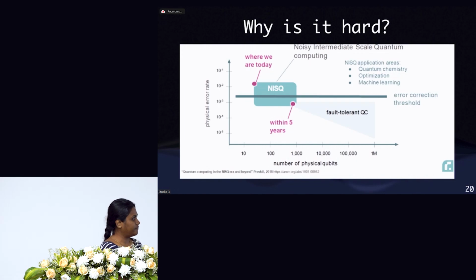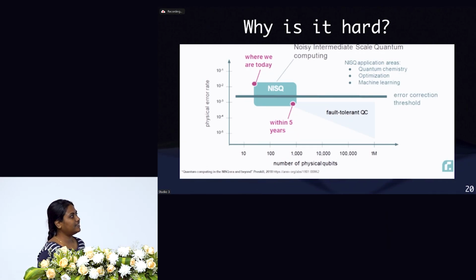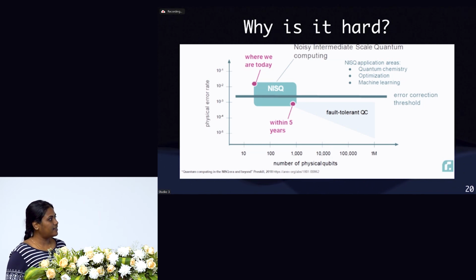No, because let us see this graph, in which you see the era that we are currently in. This is called noisy intermediate scale quantum, wherein the quantum computers that we have, according to technology, have a physical error rate in this order, and the number of qubits, or input bits, the technology supports is very small, in terms of some hundreds to thousands.